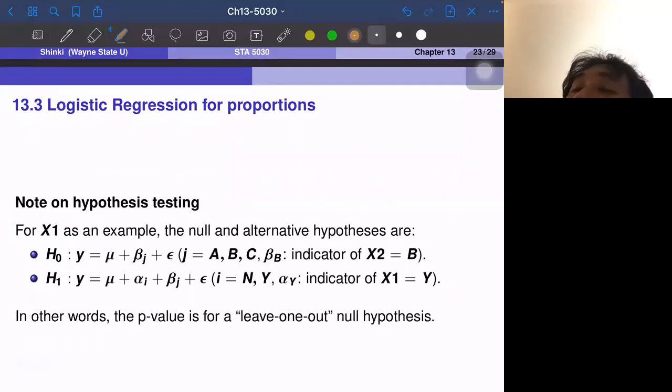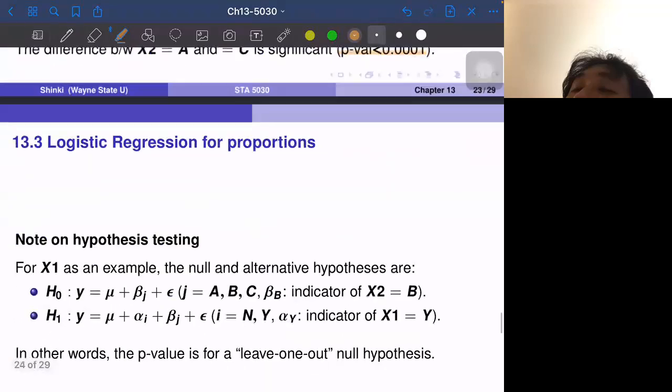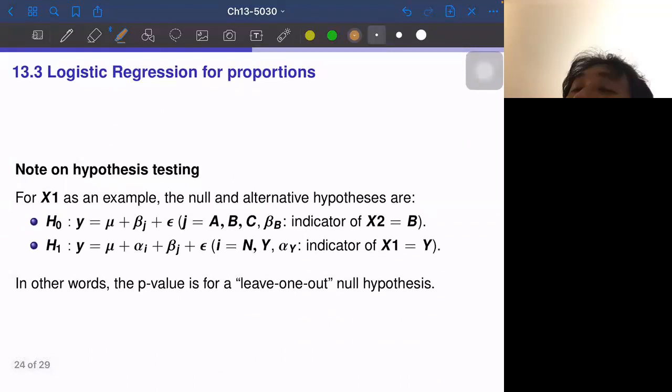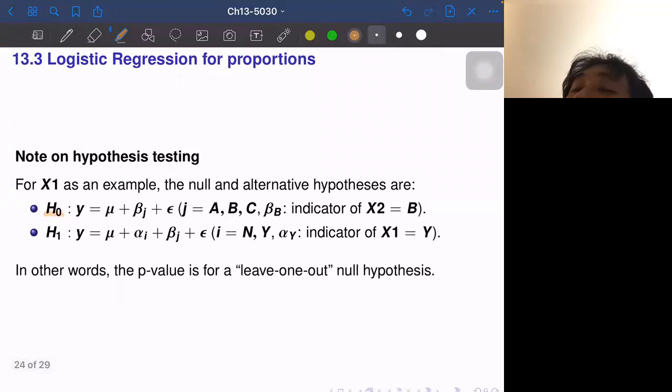And to be exact, what does this p-value 0.1388 mean? That is basically the testing result with this null hypothesis and this alternative. This is a kind of leave-one-out null hypothesis. So H1 is the full model.